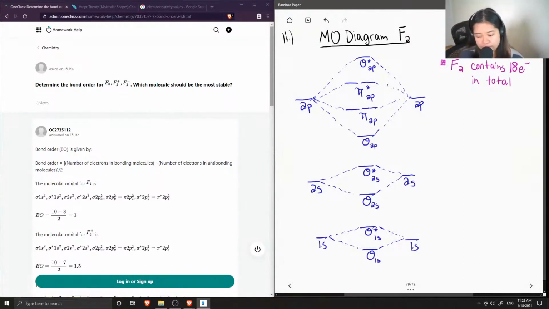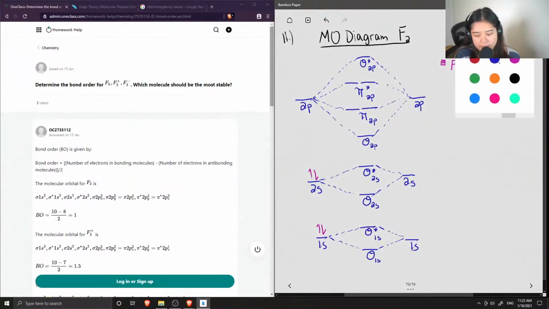So if I were to fill in all of the electrons, you can think of the left and the right sides, like the 1s, 2s, and 2p, to be like a separate fluorine atom. So if I were to fill in that orbital filling diagram, I can put the 9 from this. 1, 2, 3, 4.